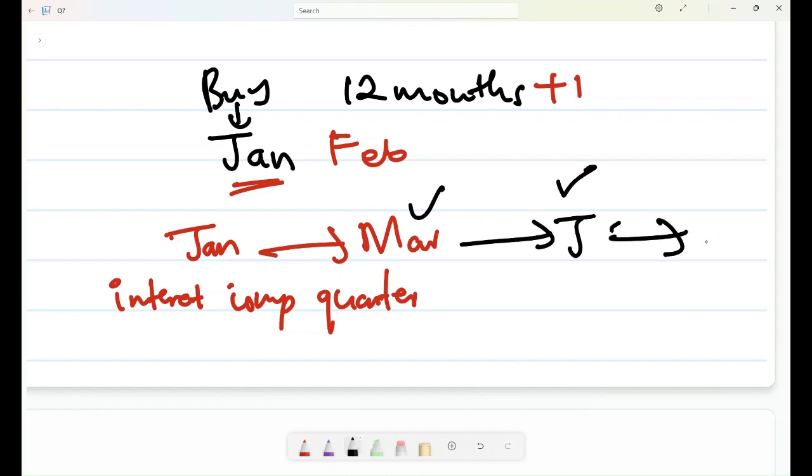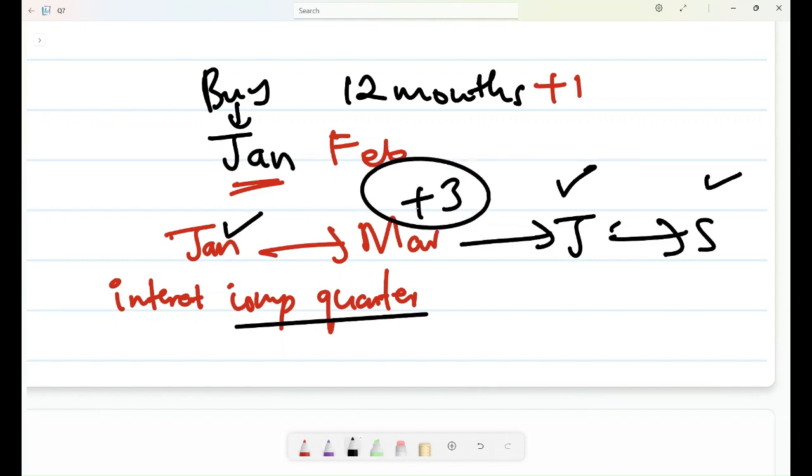Then another quarter, which is September, you make a payment. But if you pay immediately from January, it means you add the February and March part. It means you have added plus 3, because compounded quarterly it is divided by 3. You have added another 3 months to your payment, because instead of waiting for March to pay, you decided to pay immediately. So immediate payment increases the number of payments.